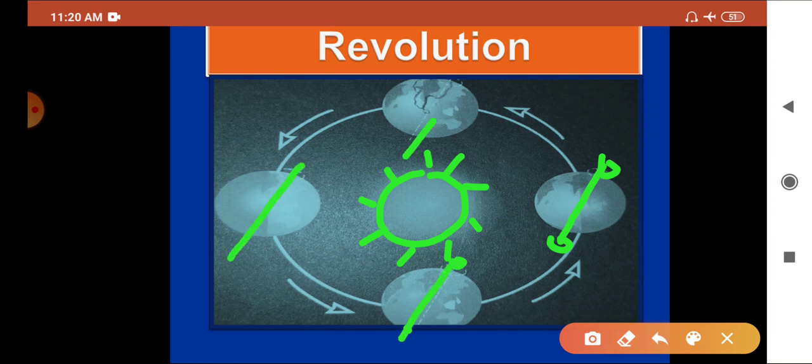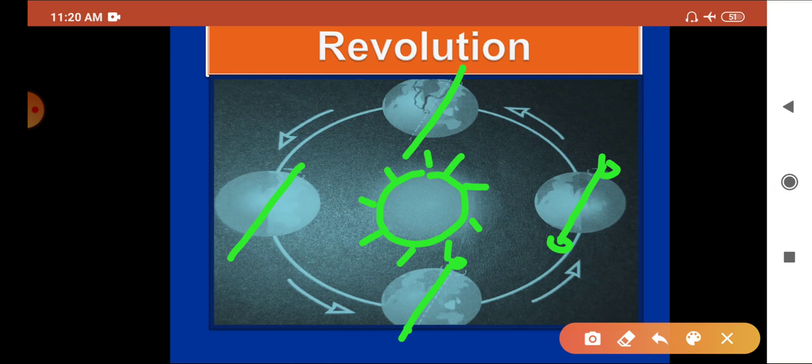You might have seen that because of its tilted position, it is not exactly in the center, and so we have different seasons on our Earth.